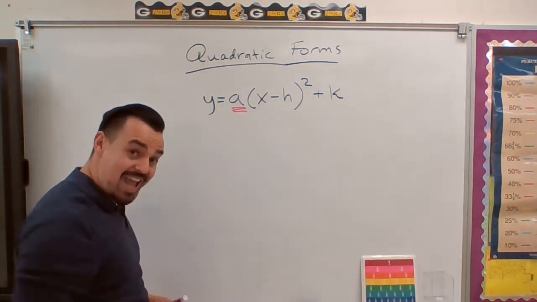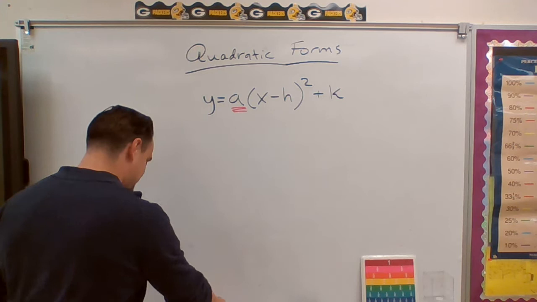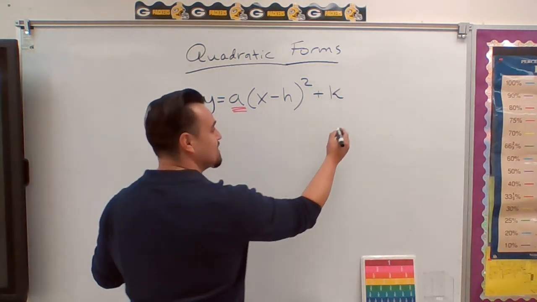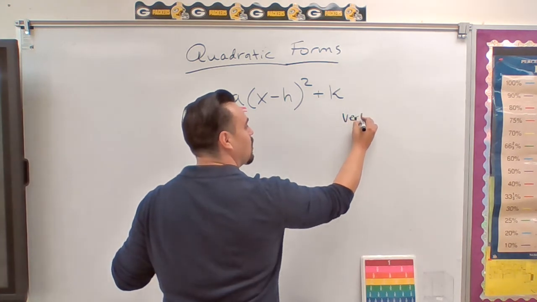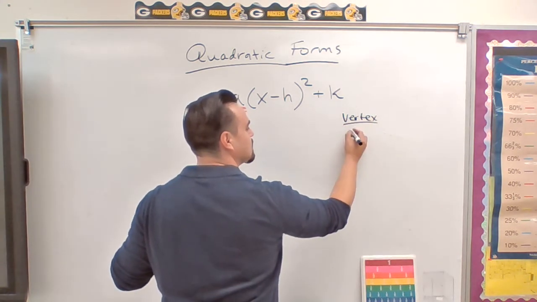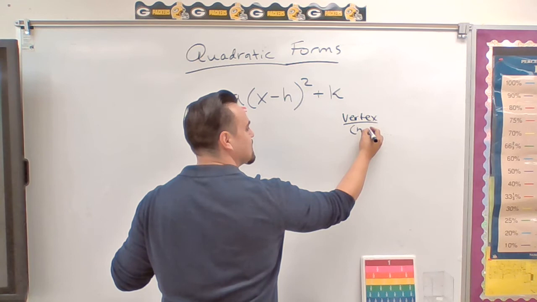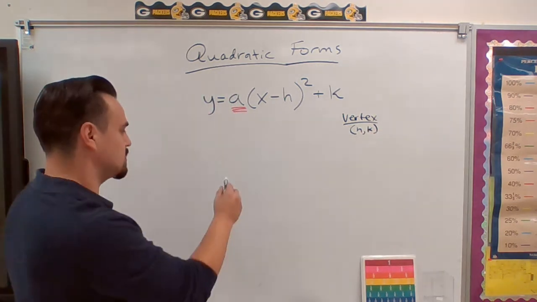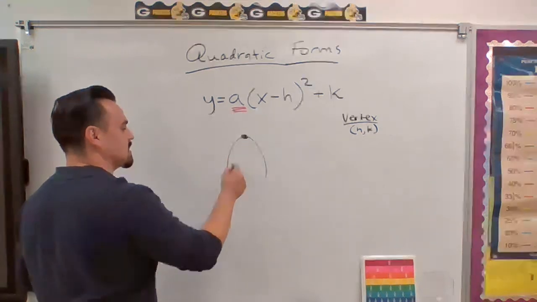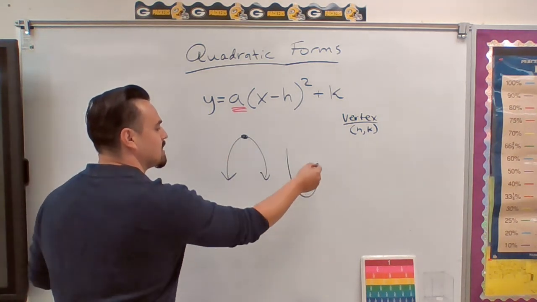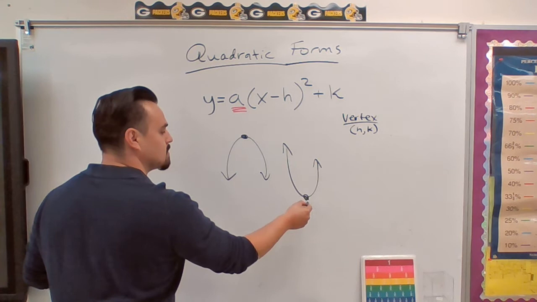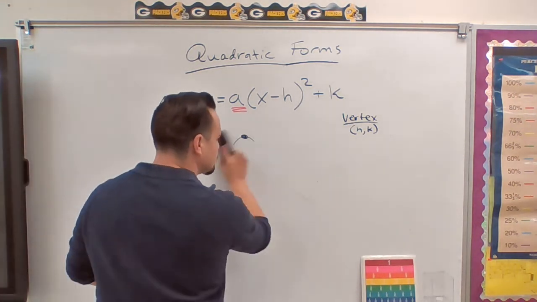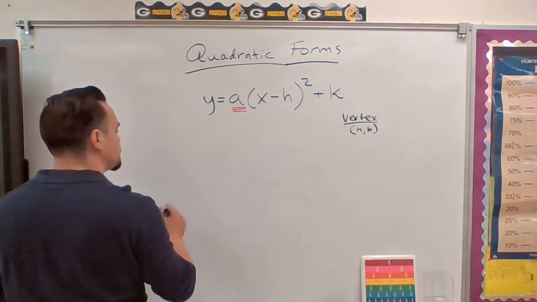Our H and K, though, in vertex form, our H and K are our vertex. Remember, our vertex is either that highest or lowest point on a parabola. So something like that, that's our vertex. Something like that, that's our vertex. Once again, I'll give you a few examples.